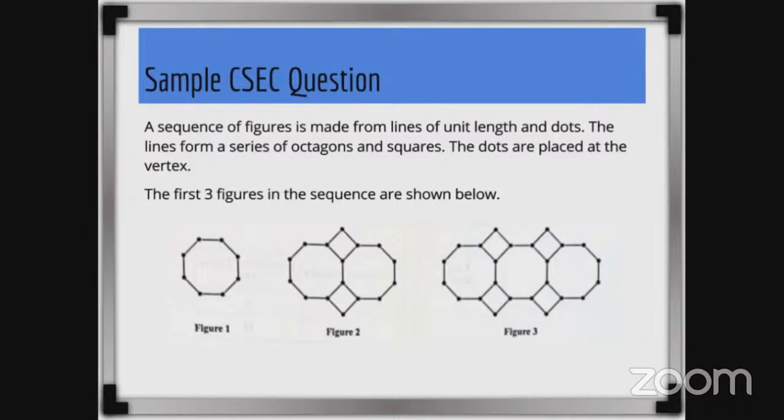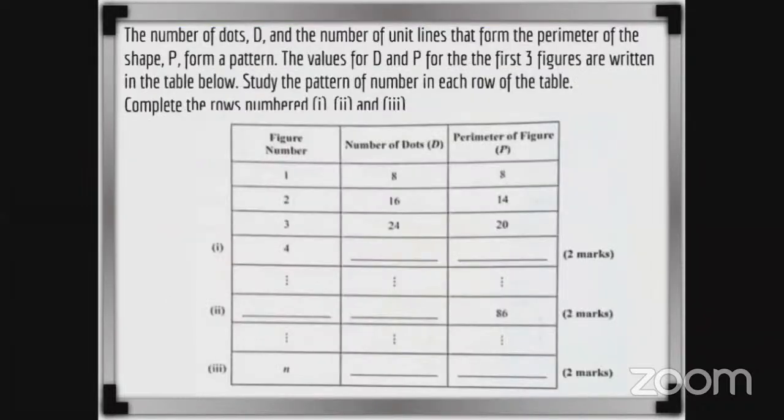You should count it and see. And we can just move right to the table. The number of dots in figure 1 would be 8. The number of dots in figure 2 would have been 16 dots.